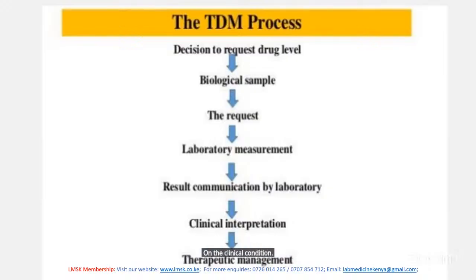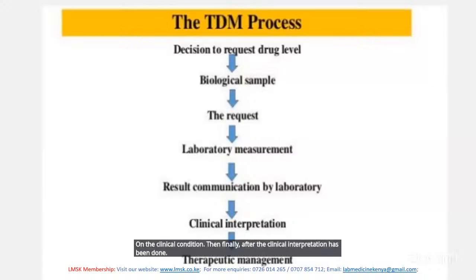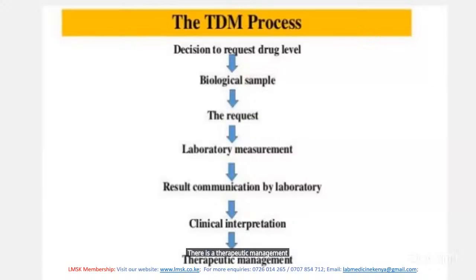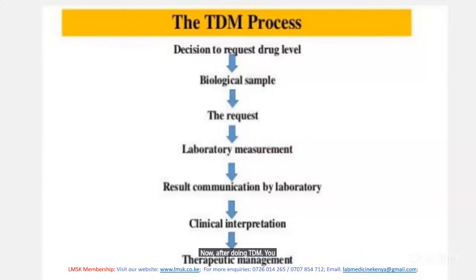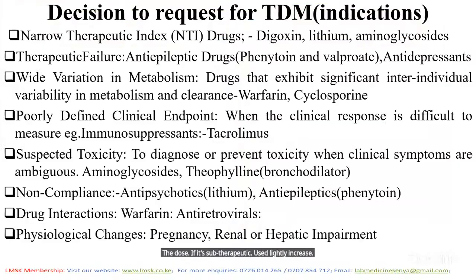Then finally, after the clinical interpretation has been done, there is therapeutic management. Therapeutic management will even involve things like adjusting the dosage, because after doing TDM, you will know the drug level. Is it tending towards toxicity? If it's towards toxicity, you reduce the dose. If it's subtherapeutic, you slightly increase the dose.